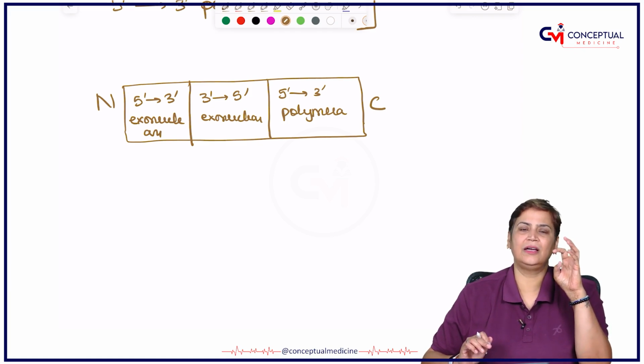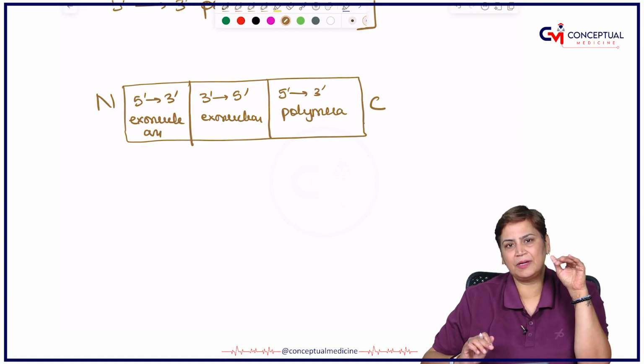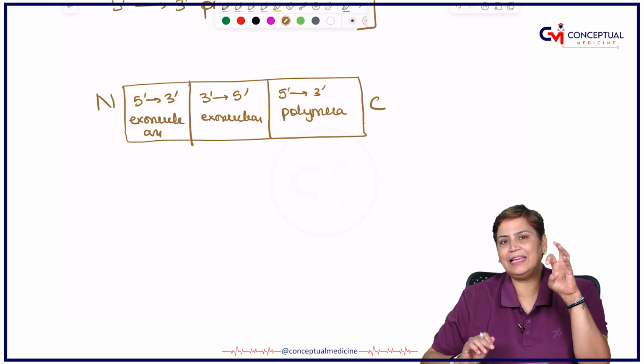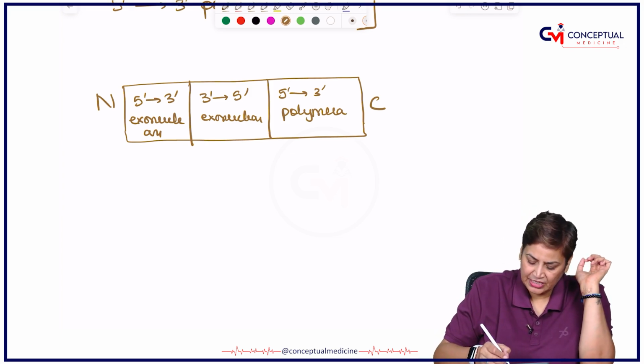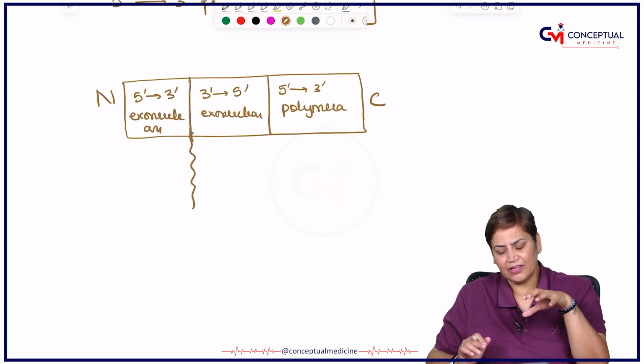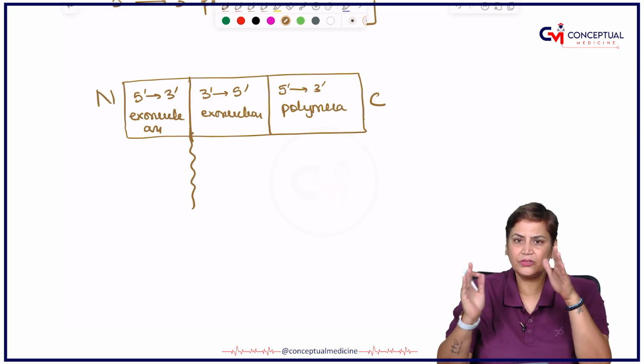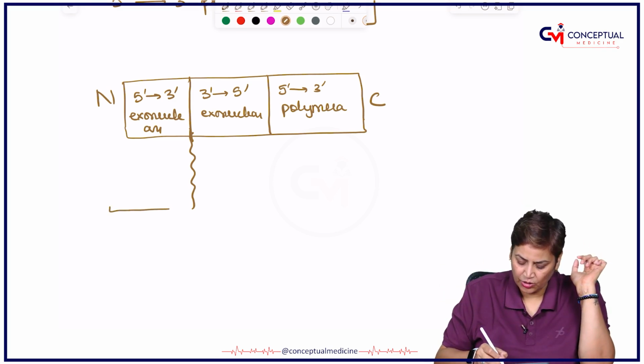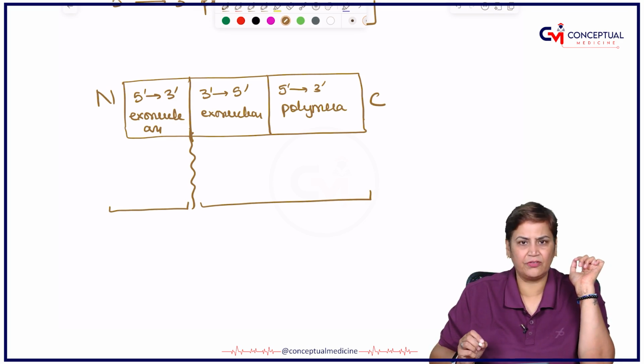There is one bacterium, Bacillus subtilis, in which the subtilisin protein is there, which is going to cleave here. So this DNA polymerase 1 will be cleaved into 2 pieces. This is the shorter fragment, this is the larger fragment.